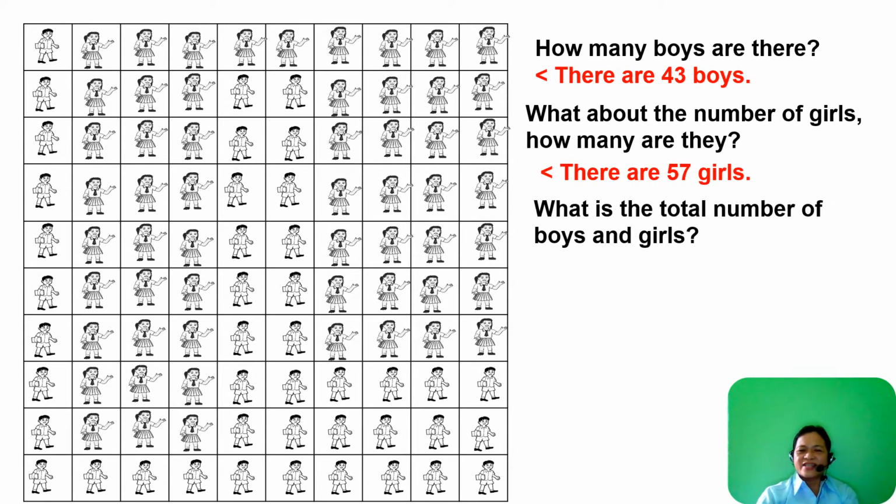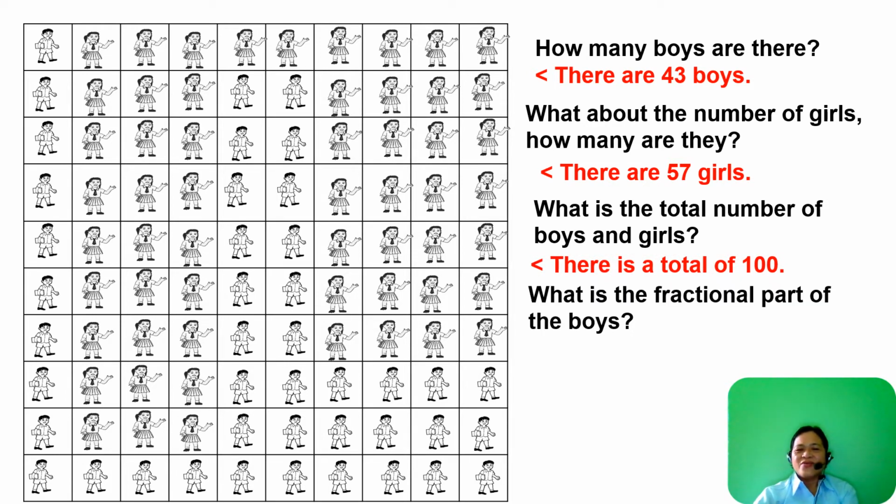So what is the total number of boys and girls? Yes? Very good. There is a total of 100. What is the fractional part of the boys? Okay, very good. It is 43 over 100.